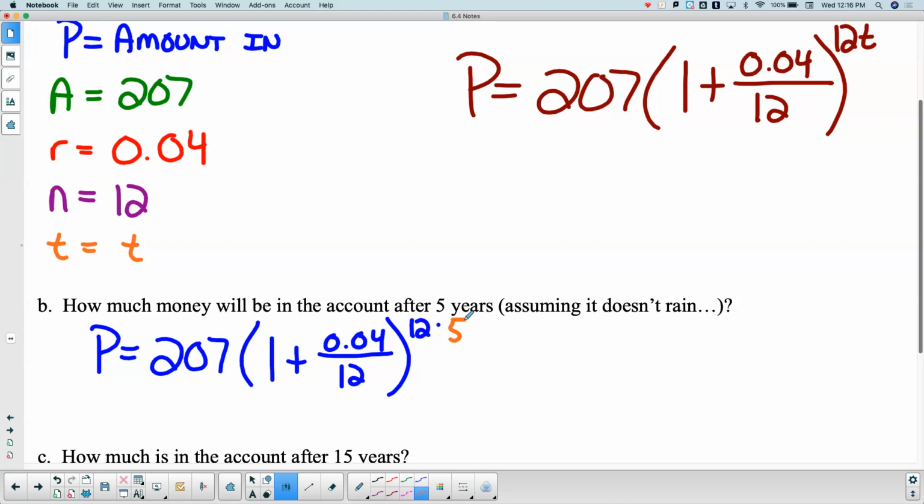Now, depending upon how you want to, with parentheses, if your calculator is able to see parentheses, you could type it in basically as is, provided you put some parentheses around some things. If you can't, you can always do it the old school way. You start on the inside of what you have. So I would start with 0.04, and I would divide that by 12.